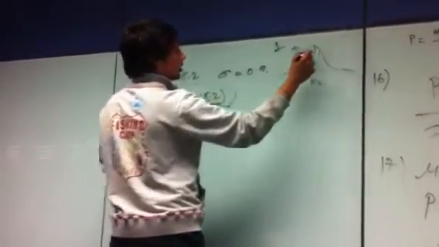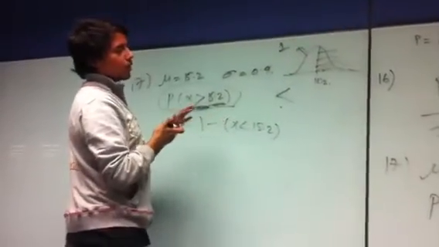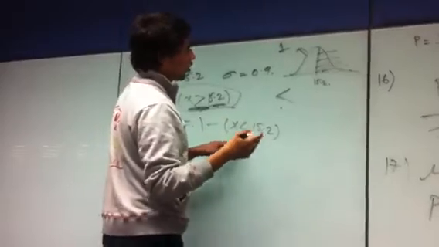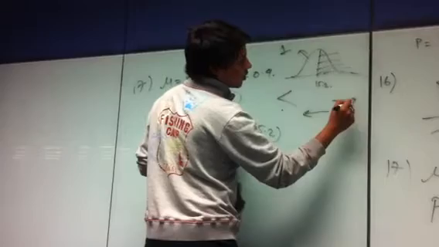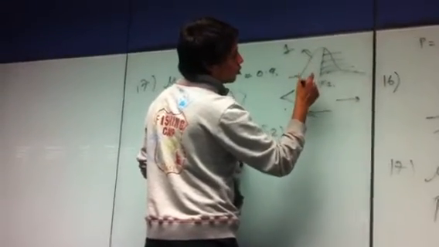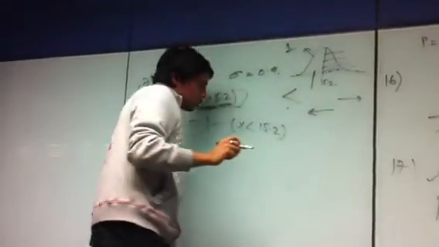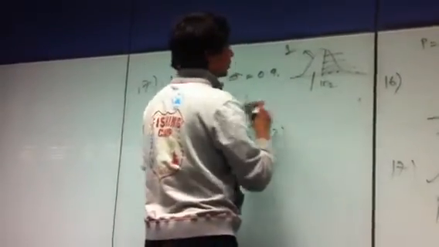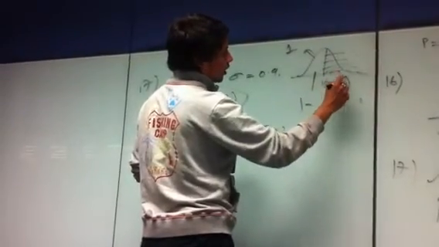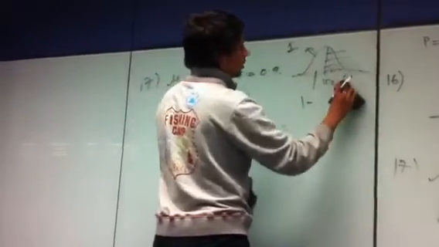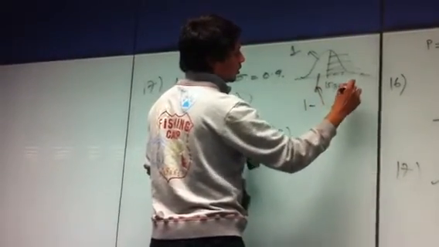It's asking you to find this area, because it's greater. But the z-score only tells you the area on this side. It doesn't tell you the area on this side. So to get this area using this side, what do you have to do? Since the total area is 1, 1 minus this area is going to be this area.